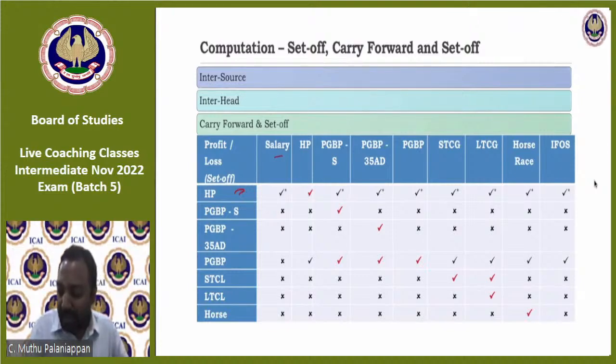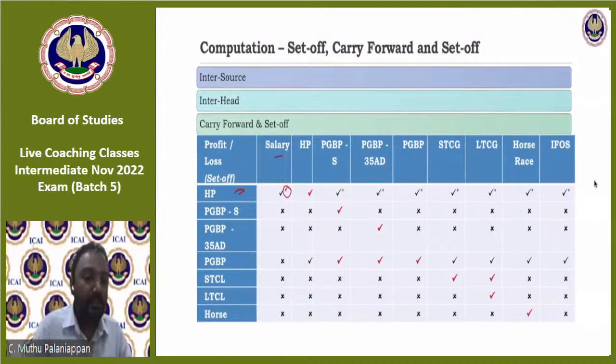Only, there's an asterisk here. There is a small asterisk. I hope it's visible. So basically the asterisk that we are talking about is, it is restricted. When you're adjusting the house property loss with other heads of income, it is restricted to 2 lakhs. You cannot adjust beyond 2 lakhs with other heads of income. So the maximum loss of house property that could be adjusted inter-head is basically 2 lakhs.